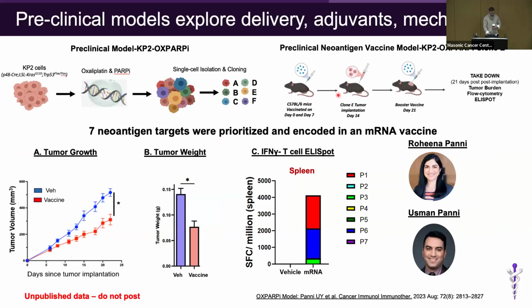So in this example, we're starting with the KP2 model, which is a pancreas cancer model. That's created with a series of targeted genetic engineering. These cells will form tumors essentially just because of those specific driver alterations that they've been given. But then they really don't have that many other mutations.